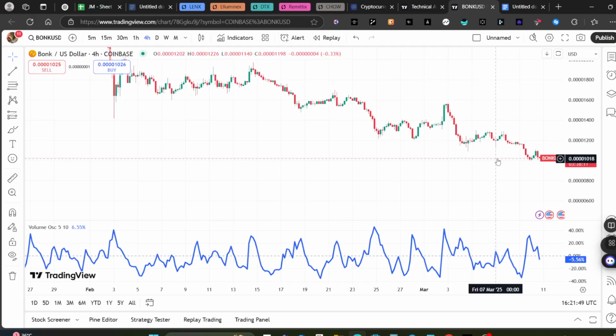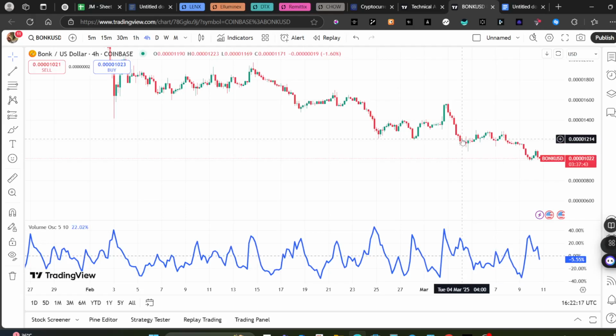In as much as this indicator is quite effective, it does not mean that it is accurate all the time. So, in order to reduce your chances of false signals, it is better if you use it alongside other indicators. Get your confirmations. Have confluences when you want to execute a trade. These are very important.